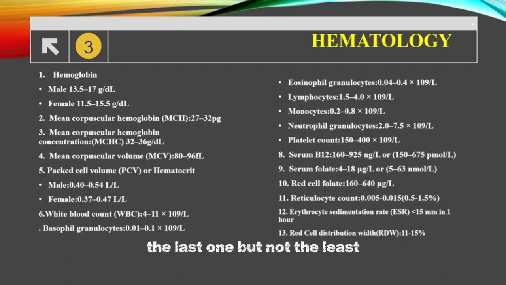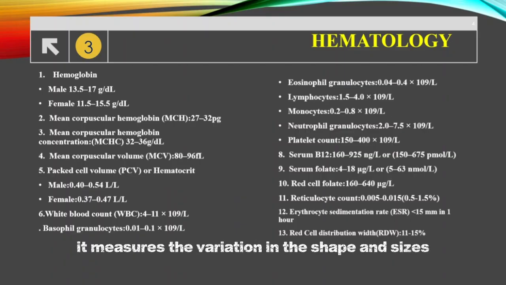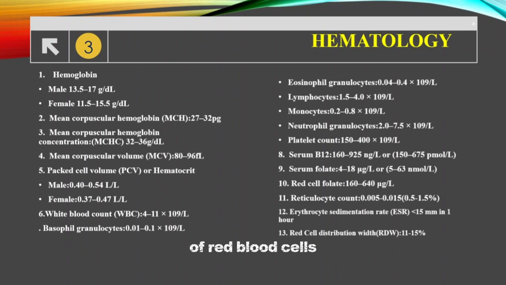The last one, but not the least under the hematology, is what is called red cell distribution width, RDW. So now, red cell distribution width measures the variation in the shape and sizes of red blood cells.